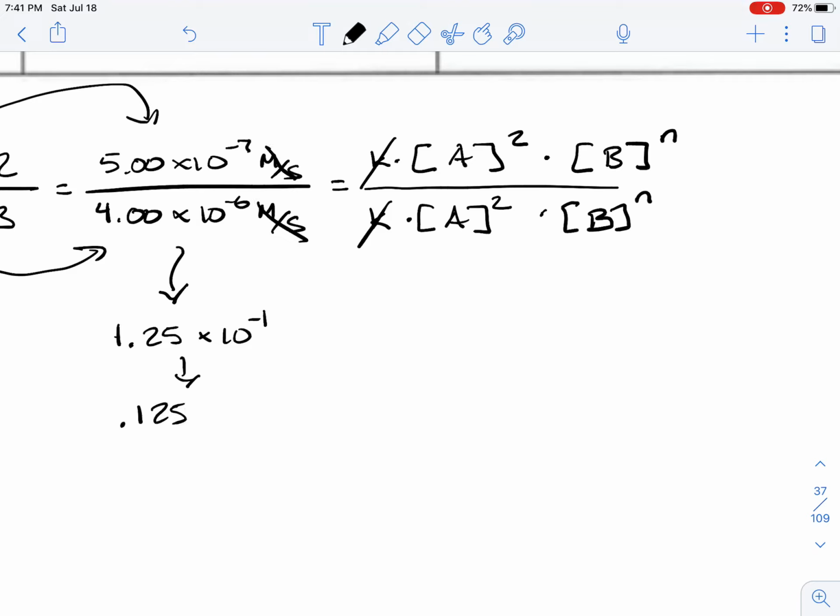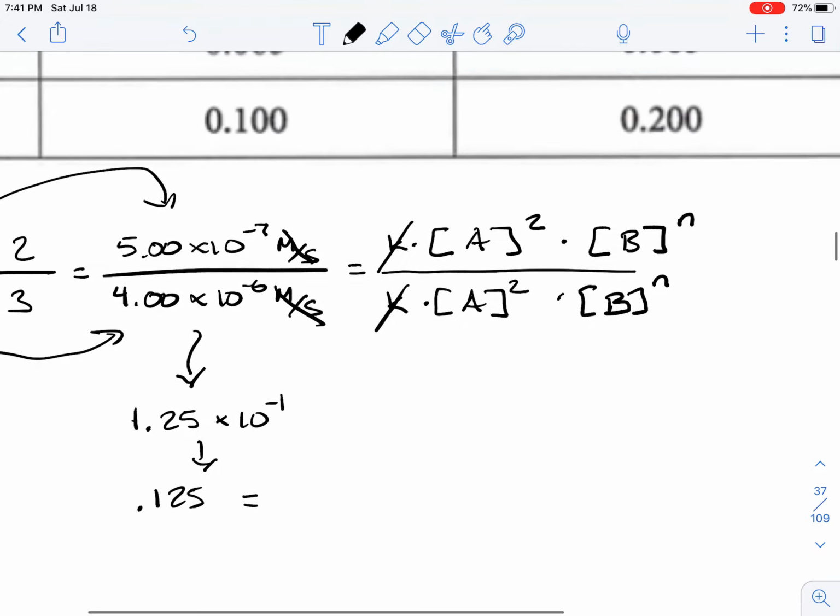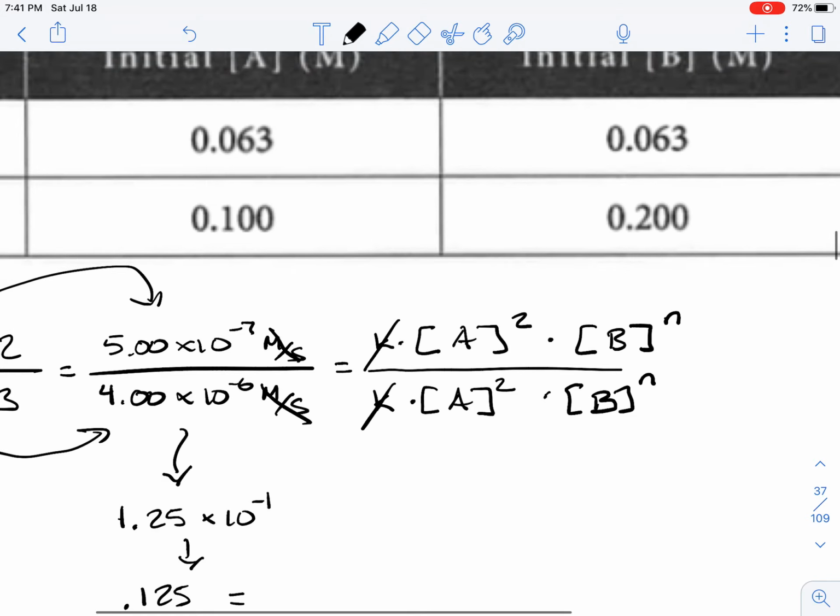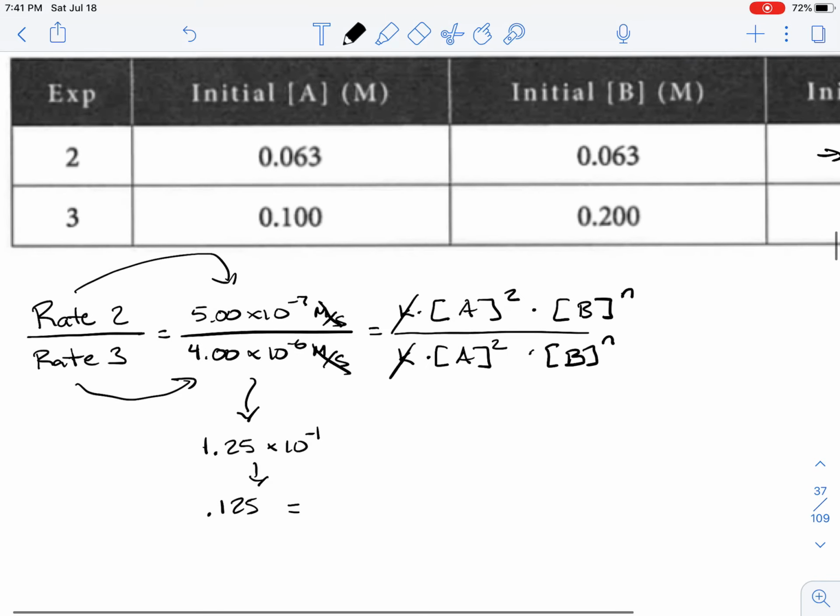And so here in this case, the units cancel, so I just have 0.125. Now, since I know the initial concentrations of A and B, I'm just going to go ahead and plug them in based on the kinetic data.